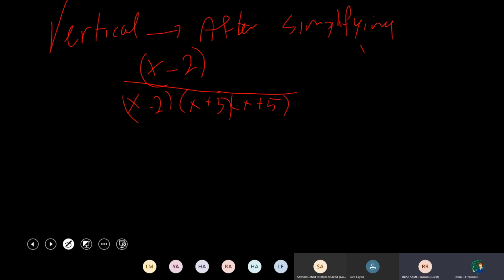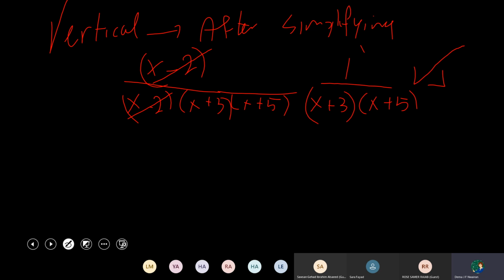Okay? I have to simplify them. After I simplify them, I get 1 over x plus 3 times x plus 5. After I simplify them, I can now find the vertical asymptotes at x equals -3 and at x equals -5.